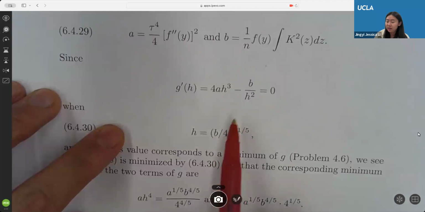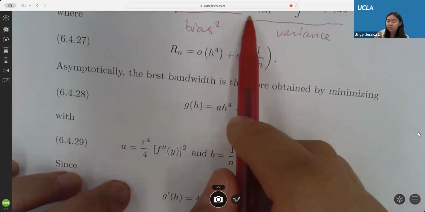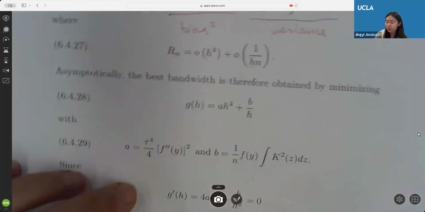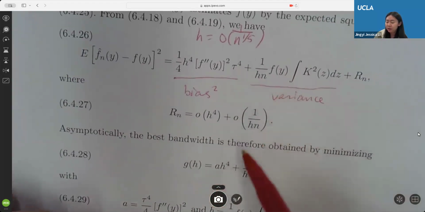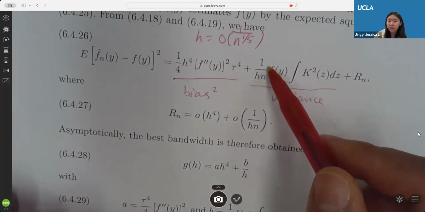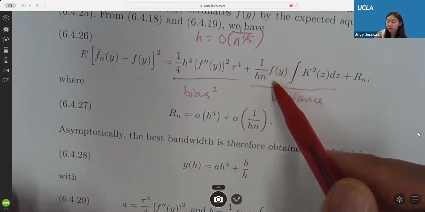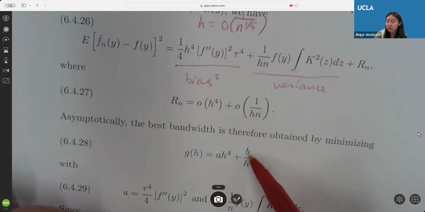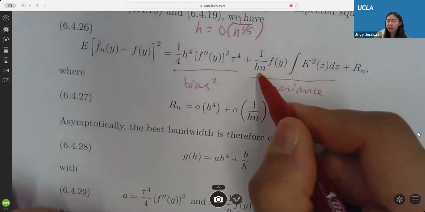B is what I have over here, A is what I have over here. You can see that A has nothing to do with n, including this term 1 over n here. So basically, only B relates to n.